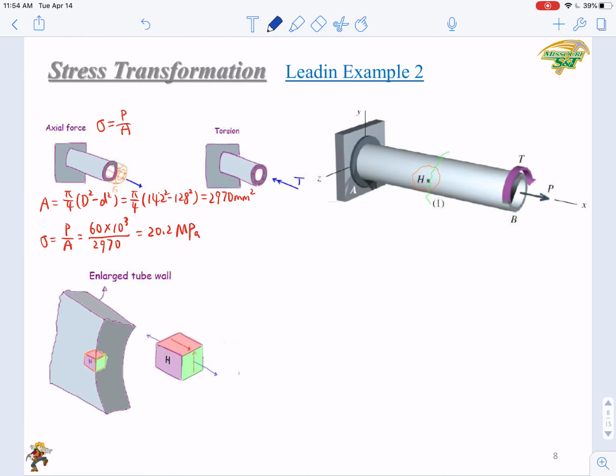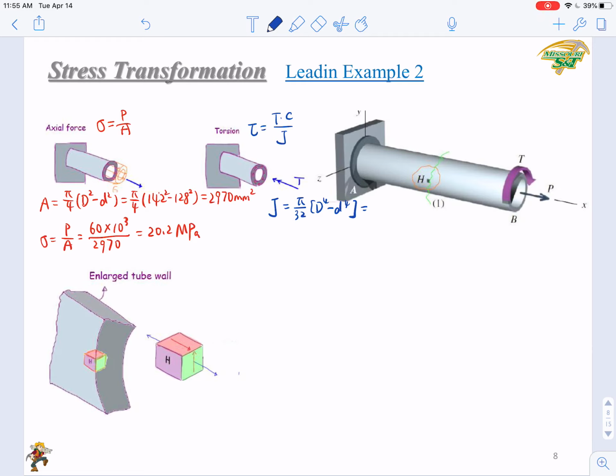Then the shear stress. Here the equation we will need to use is Tc over J, right? We don't know J yet, so we need to calculate J. Here J equals pi over 32 times D to the 4th minus d to the 4th.